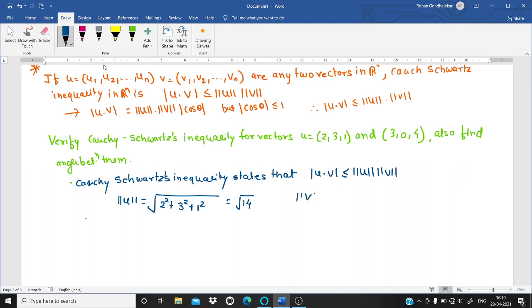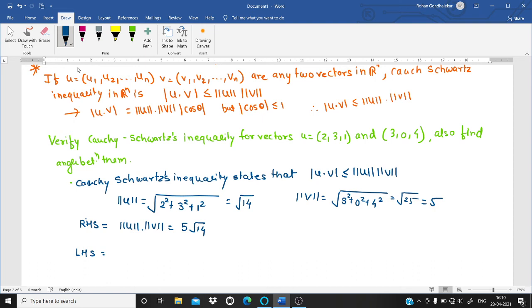Now the norm of v will be the square root of 3 square plus 0 square plus 4 square. 3 square is 9, 4 square is 16, so we have the square root of 25, which is 5. Hence norm u into norm v, that is the right hand side, is equal to 5 root 14.